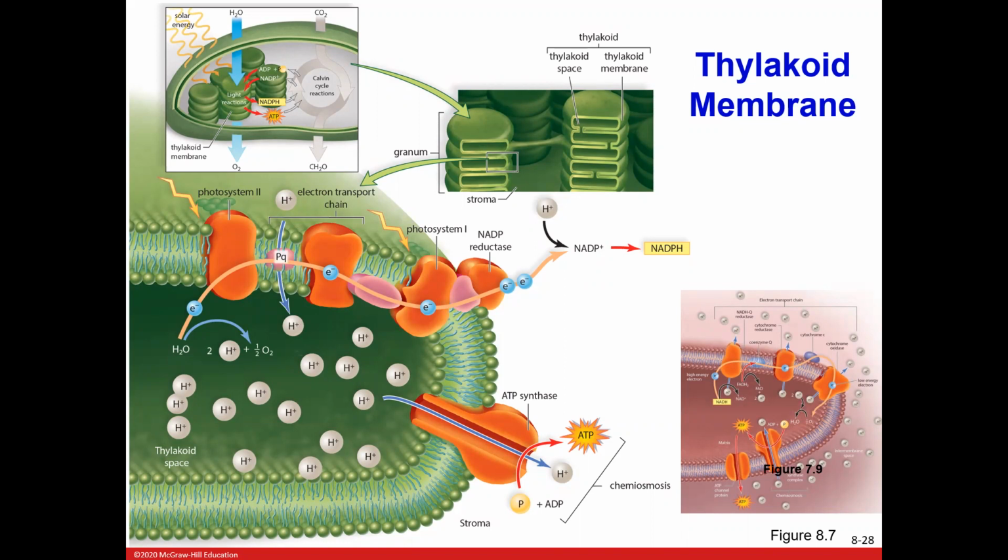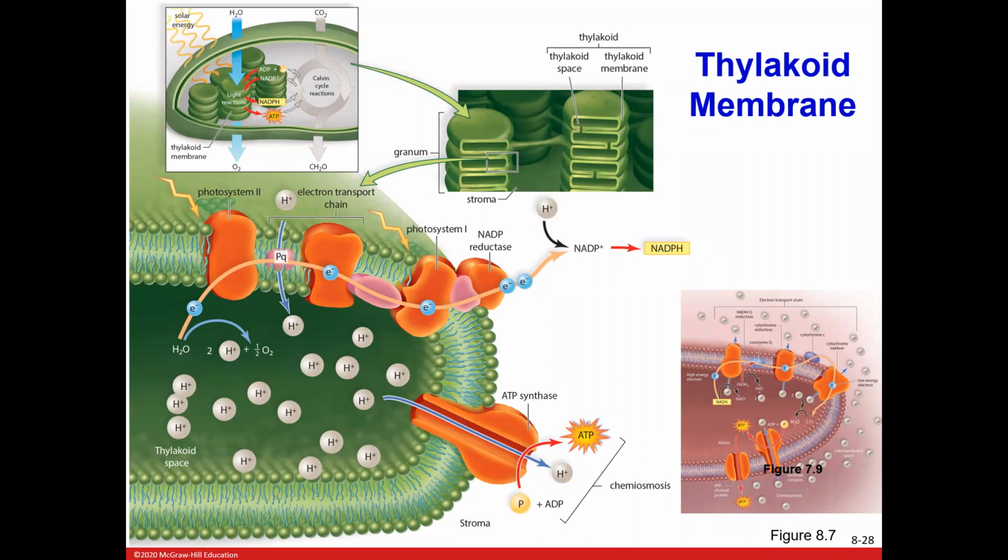The fact that we split off the H2O, and we took the electrons, well, that actually means we're donating hydrogen ions to this thylakoid space. We're also pumping hydrogen ions in here using the energy within the electrons as they move down in terms of their potential energy.